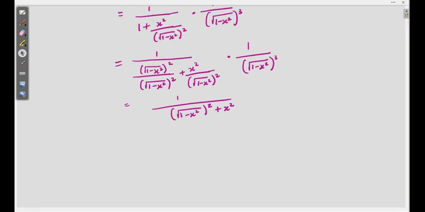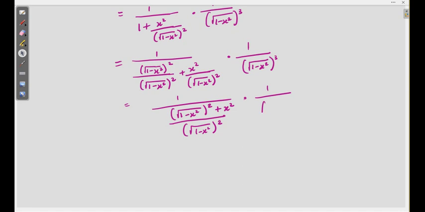So remember, 1 is still there on top. However, this you add to that because now the denominators are the same. So here you still have 1 minus x squared to the power of 2.